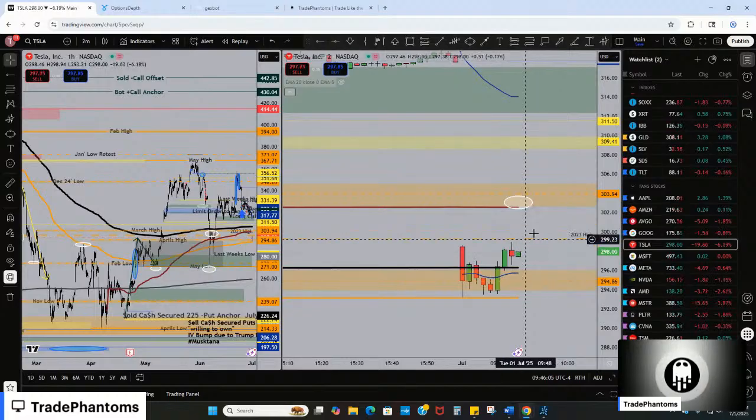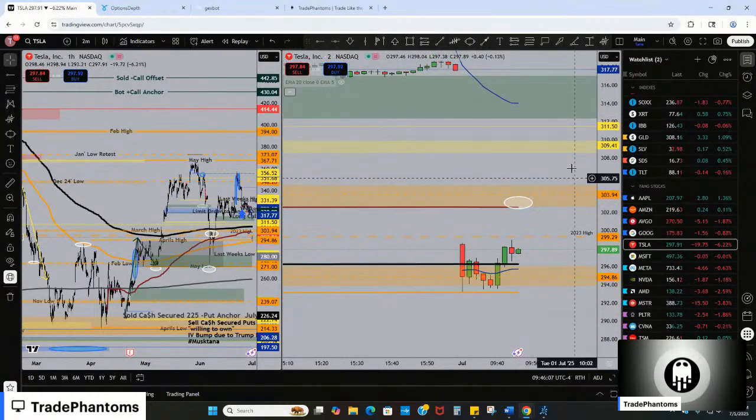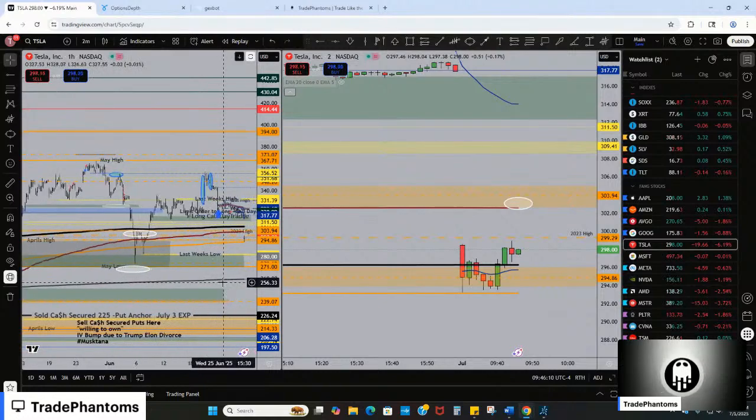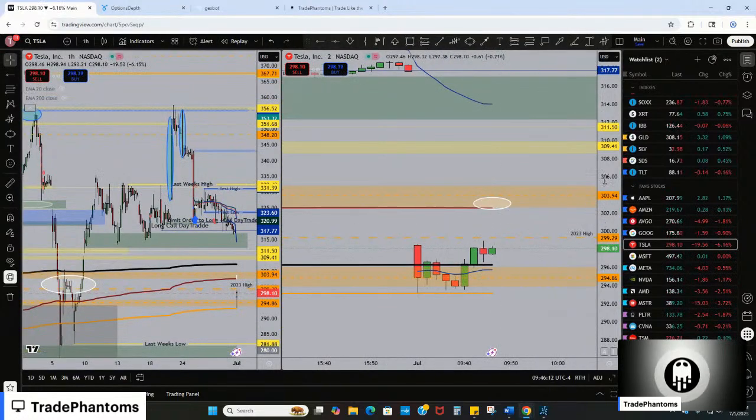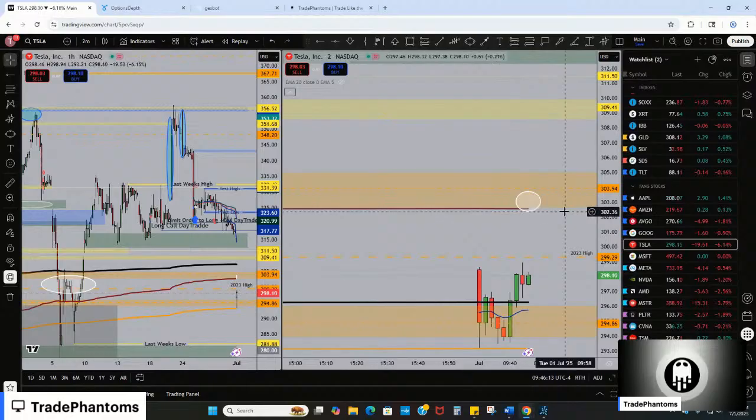Potential bull trap here, leaning into a bearish trade, even if Tesla gets up to this 302 and a half, 305 here.